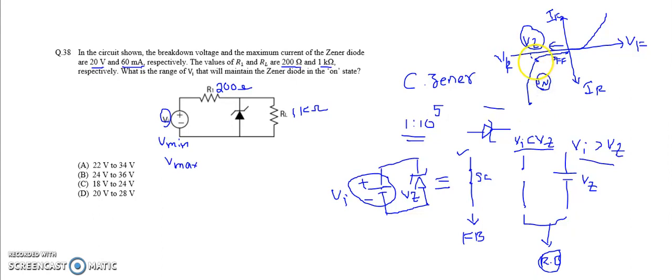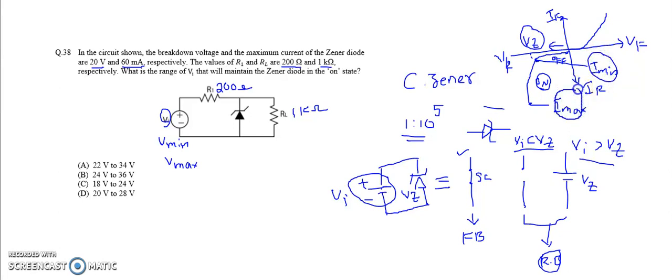At this point we can say it is the I minimum. That means the minimum amount of current is flowing through the diode when the Zener diode is in the on state. And this is the I maximum, that means the maximum amount of current that can be tolerated by the Zener diode. Both of these are important.